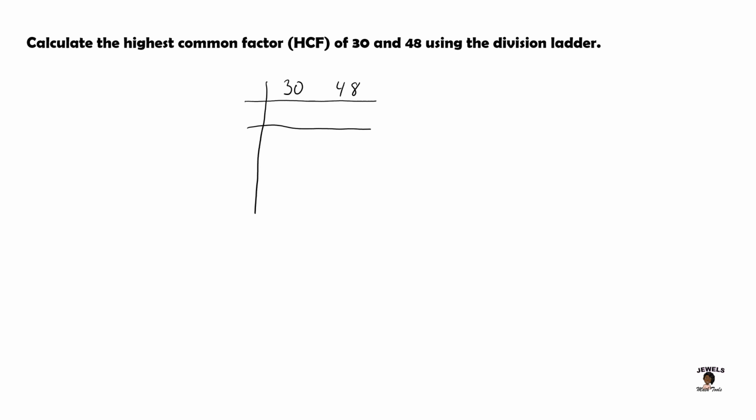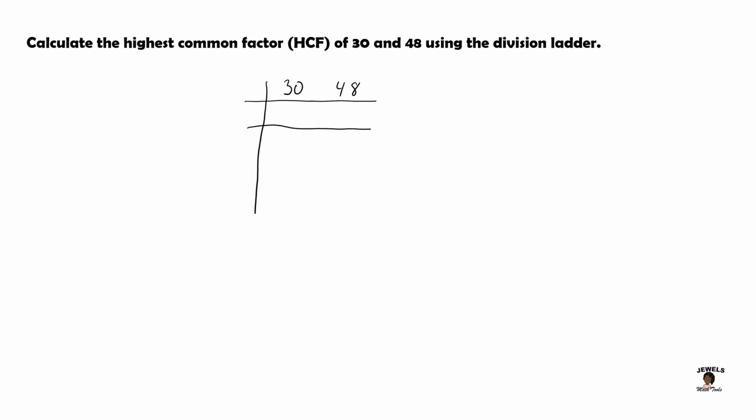Remember that with the factor tree, we can break a number up with different factors, and even though we may use different factors to start with, as long as we work out the question correctly, we should still arrive at the same prime factors. And the division ladder is no different. So regardless of which prime number you decide to begin with, at the end of your question, we should still have the exact same prime factors for our working.